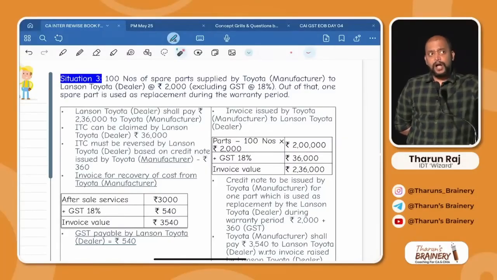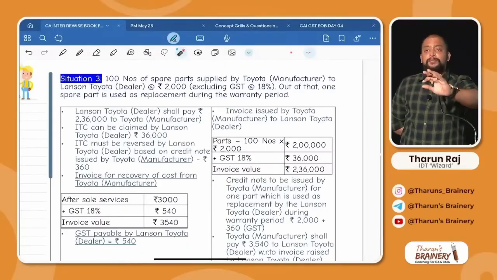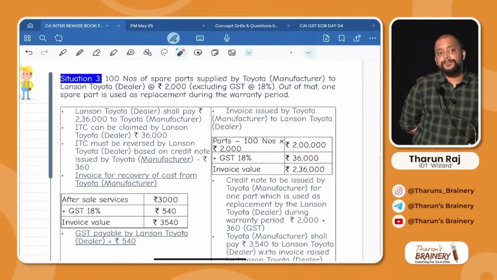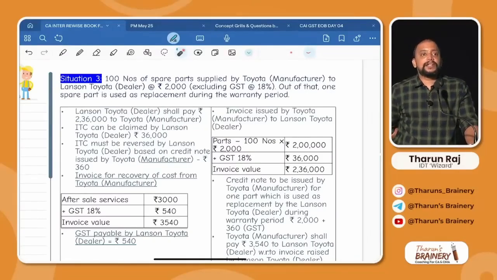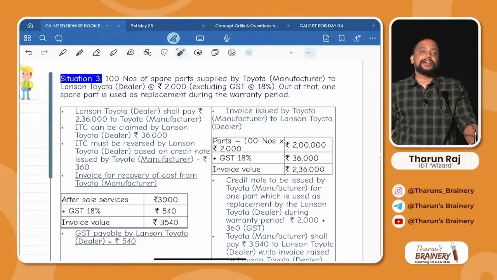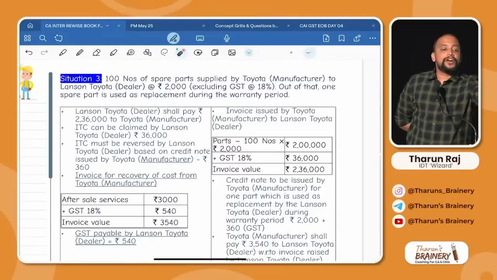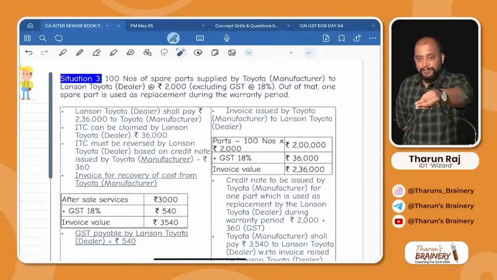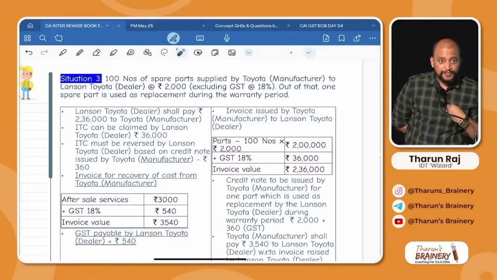Out of that, one part you are replacing during warranty period, means how much will you recover from me? That part you will recover from me, or you will recover only 3,000 rupees from me? I already sent you the part, 100 numbers I sent you. Out of that one part you have replaced, then will you recover that part cost from me?